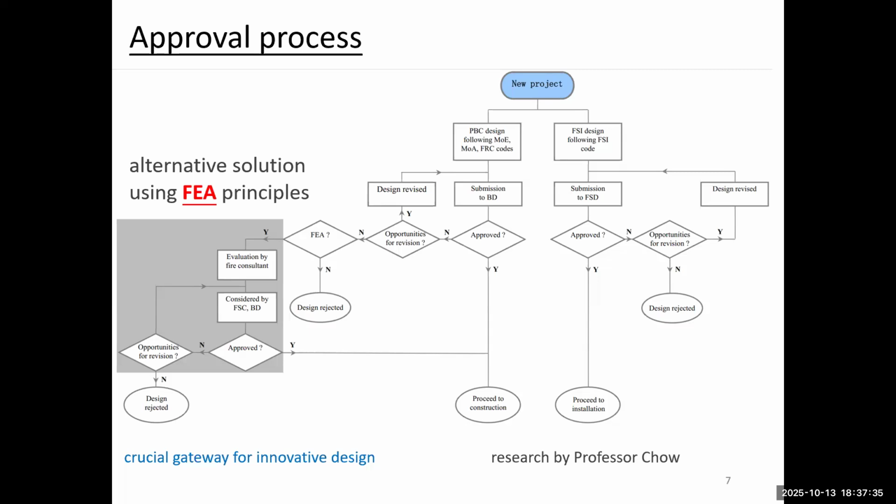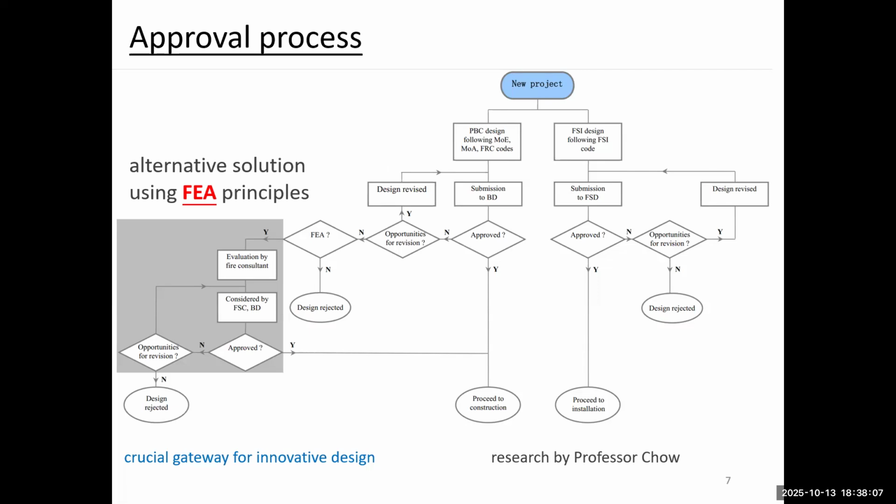The key takeaway is the decision point shown here, FEA, the fire engineering approach. If the design does not comply with the prescriptive code, the designer can propose an alternative solution using these FEA principles, which is a performance-based methodology to demonstrate an equivalent level of safety.